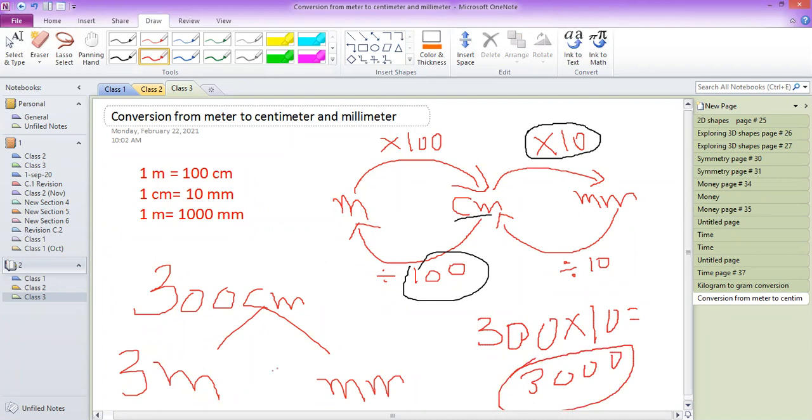So you will say, sir, 3000 millimeters. So if I give you the value in centimeter, you can also convert this into millimeter and meter. Is it clear, guys, now?